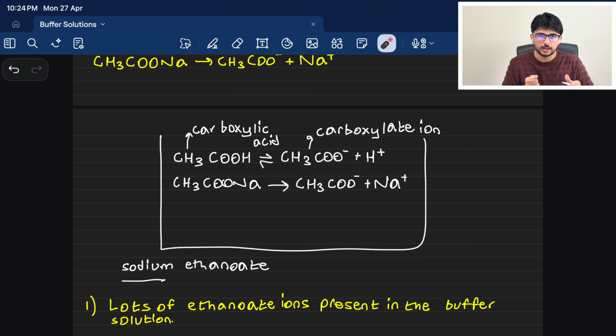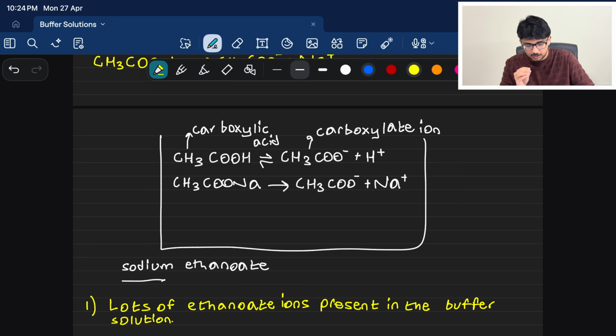Now, some students think that when we say the word partial dissociation, if we have 100 ethanoic acid molecules, 50 of them dissociate. That's partial dissociation. No. Partial dissociation means if you have 100 molecules, out of this, there is going to be negligible dissociation, meaning one or maybe even two, if you're lucky, dissociate.